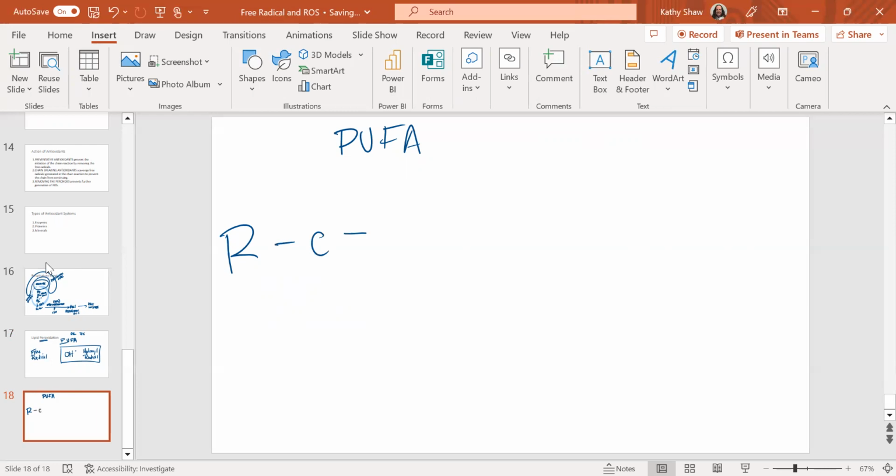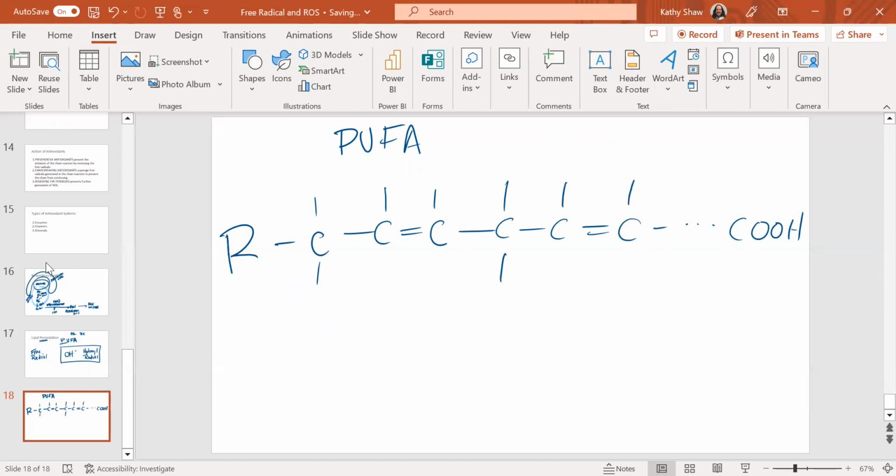So we've got a carbon, carbon. Let's put our double bond there. And so on to our carboxylic acid. So we got our hydrogens and so on.